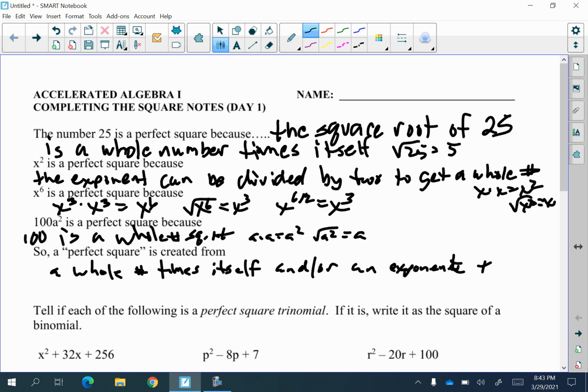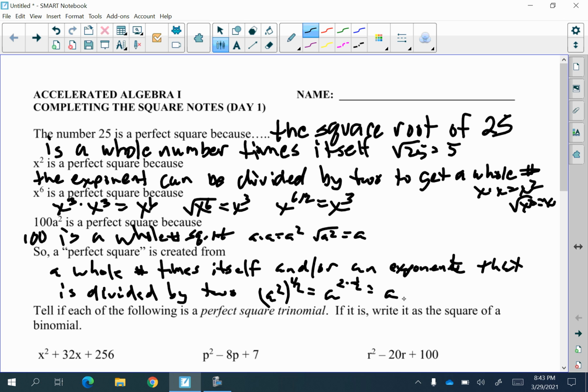Because remember, if you took the square root of a squared, it's a to the 1/2 power. So you could do that, and you multiply. Okay, that's kind of the example there. So multiply, or divide by 2.